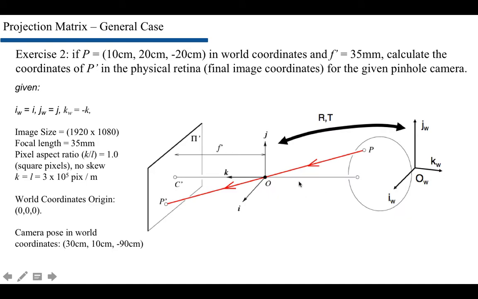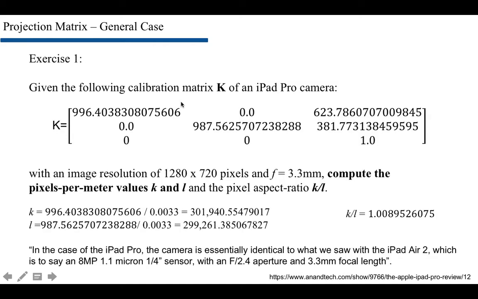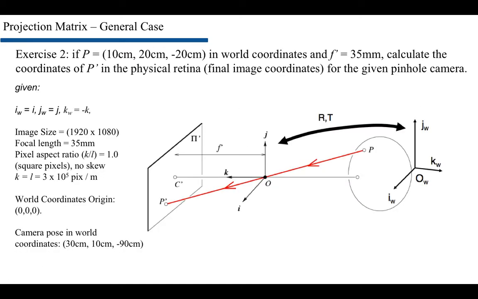Great, so let's do a more complex exercise. This time we have the point P in the world coordinate system, at the location 10 centimeters in X, 20 centimeters in Y, and minus 20 centimeters in Z. This is the camera origin, but this is the world coordinate frame.